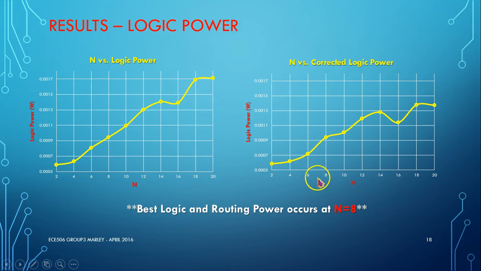It pretty much looks like N equals 8 is probably the best compromise for the logic power and the routing power. And it's fascinating that a different N works better for the routing power versus the logic power. So the compromise is someplace in the middle with N to get both of them a reasonable amount.